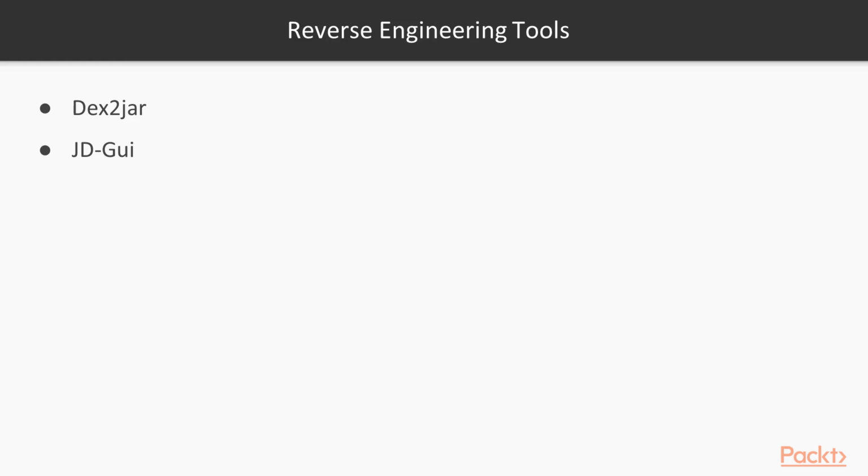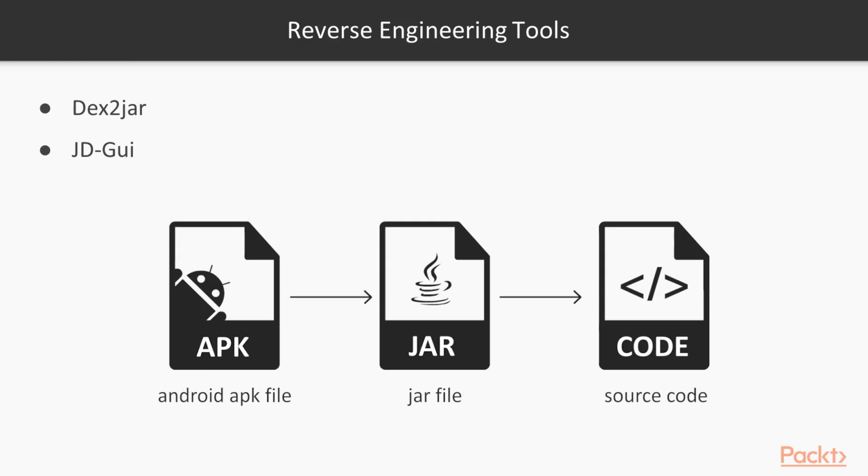What is the use of the first tool, the dex2jar tool? The dex2jar tool basically converts an APK file into a jar file, right? This was the first process: it converts your APK Android file into a jar file. And then finally, when you get the jar file, by using the jd-gui tool it can be converted into the source code file where I can check the source code available in the application.